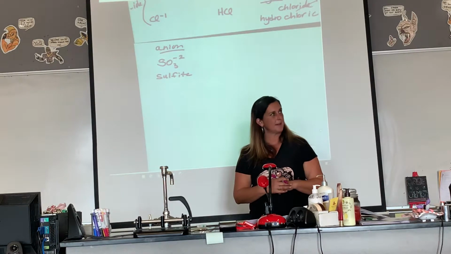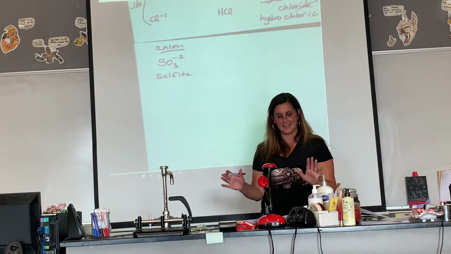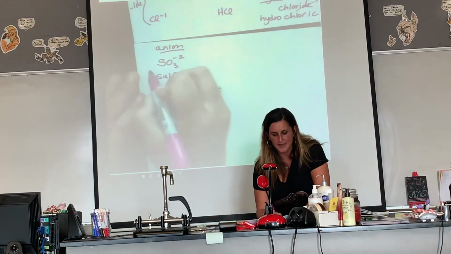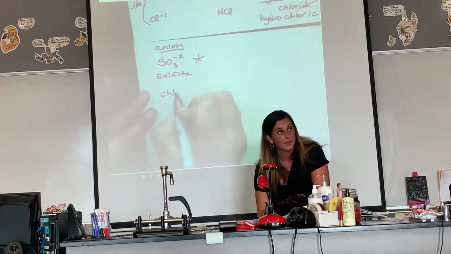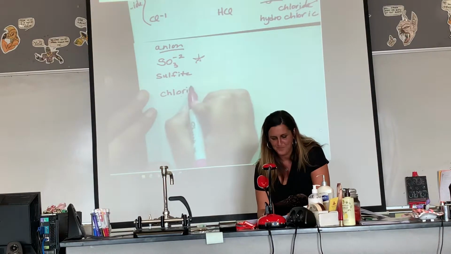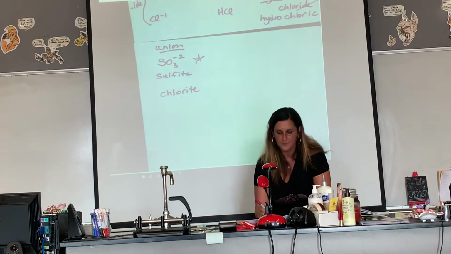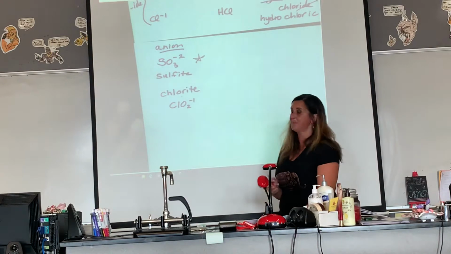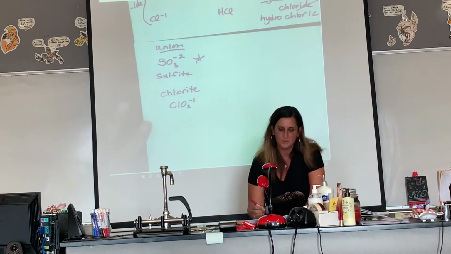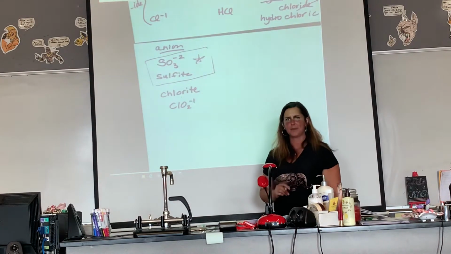I'm not going to use that as an example to start out with because it's an exception. We're going to come back to this one. Let's put a star next to it. Hang on. We're going to do the anion chlorite, ClO2 -1. Like I said, let's put a star next to sulfite. It's an exception to the rules, so we have to come back to it.